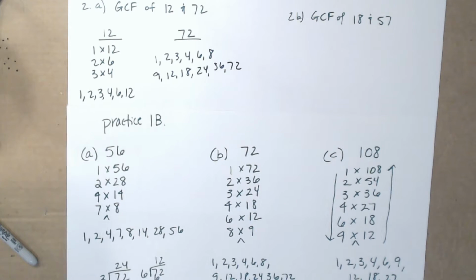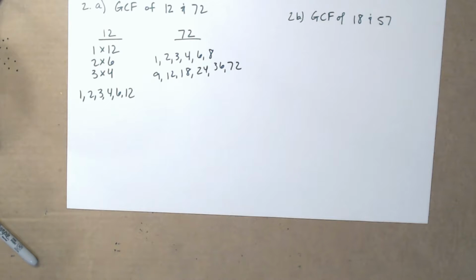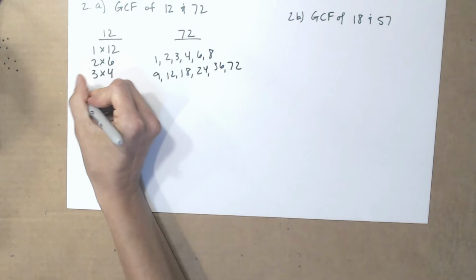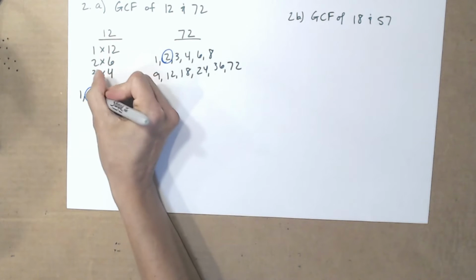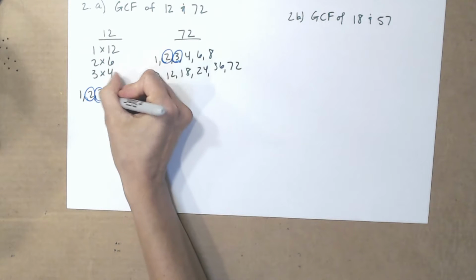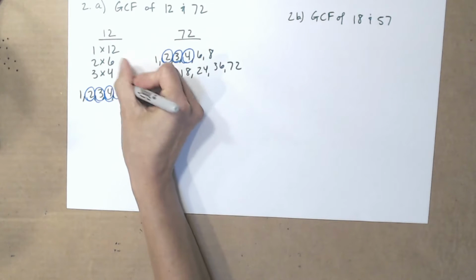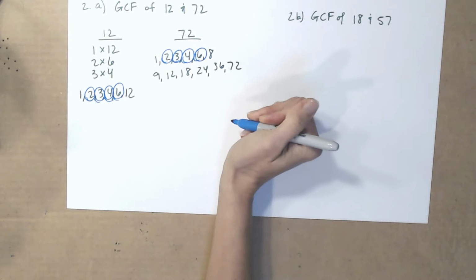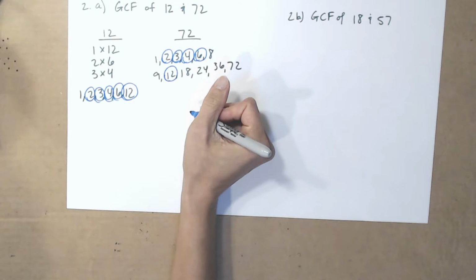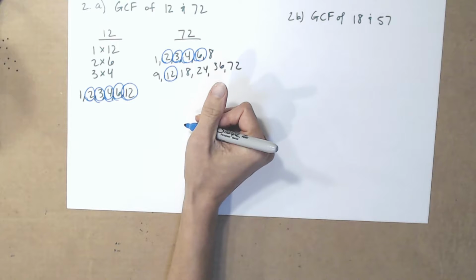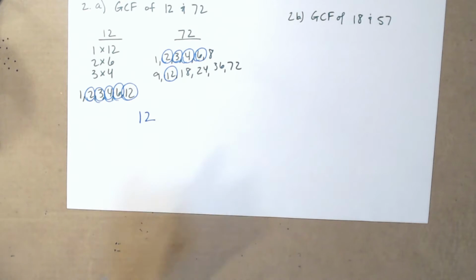So we did that as part of number 1. So now we can find the greatest common. So let's find what we have in common. Well, 1 is always in common, so we won't even count that. We have 2 in common, we have 3 in common, we have 4 in common, we have 6 in common, we have 12 in common. So it looks like the greatest common factor is 12. So the answer to that one is 12.